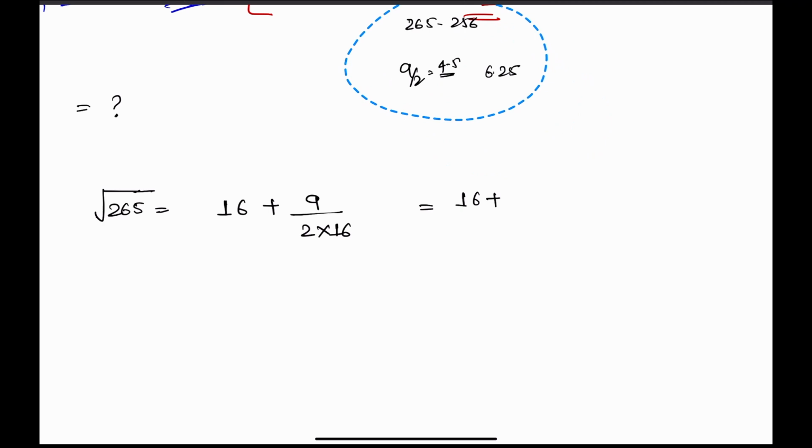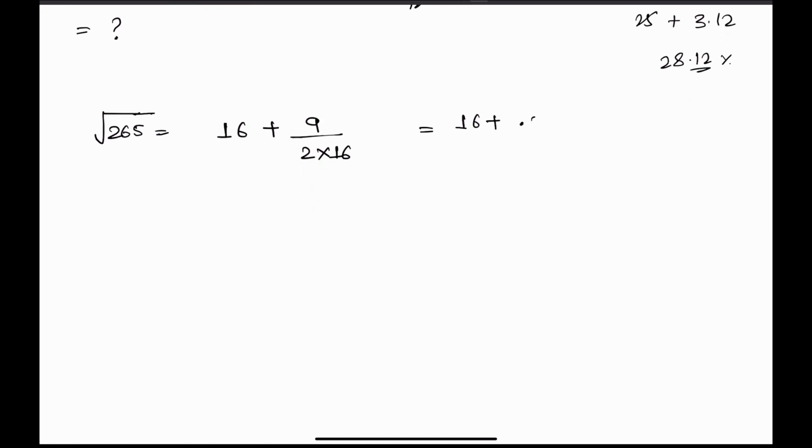There can be many different ways to approach this. What I am doing is 6.25 into 4: 6 into 4 is 24, and 0.25 into 4 is 1, so 25, plus half of it, which is 3.12. Overall it becomes 28.12, in percentage terms. So here it will be 0.281, so it becomes 16.28 or 16.3, anything works as an approximation. If we really calculate, I'm getting 16.27 from the calculator.